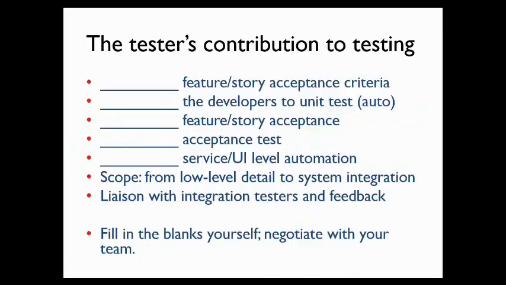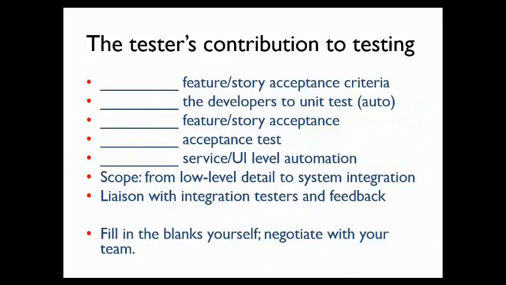I'm not here to tell you exactly what the tester does, but the choices you have to make is where dedicated testers' behaviors might contribute to all of these activities. They might write the features or story acceptance criteria. They might collaborate. They might review them. They might write tests for the developers to use for their test-driven behaviors, or they might simply pair with them and just make comment, and so on.